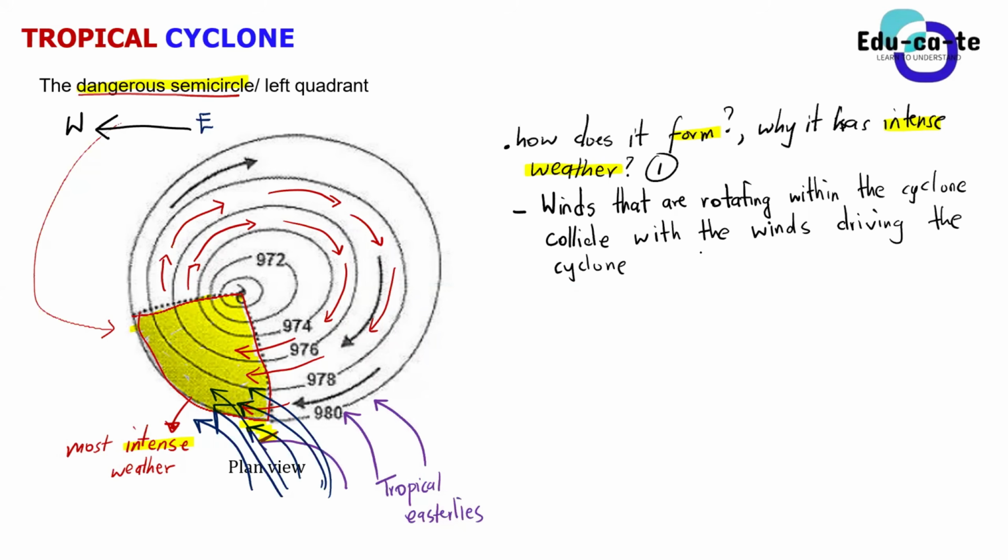So they actually meet with the winds driving the cyclone forward into the left hand quadrant.